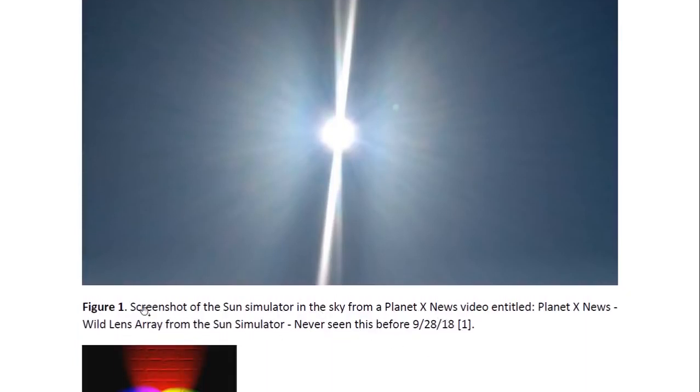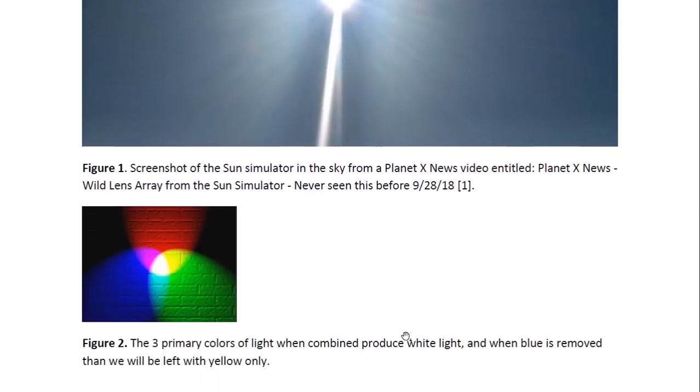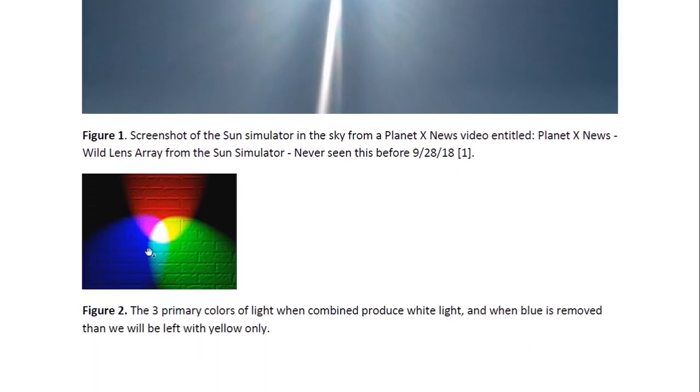And here it is. This is a screenshot from a Planet X news video entitled Planet X News Wild Lens Array from the Sun Simulator. Never seen this before, 9/28/18. And here you can see how white light can be split into the three primary colors of light, which is red, blue, and green.